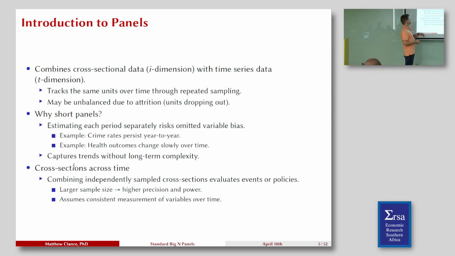Okay, so why short panels? Estimating each period separately risks omitted variable bias. A lot of the things we try to look at, we assume that in the cross section, one year is very specific to that model, and nothing else is influencing it. But as we have more cross sections coming in, we're going to find that there is some type of persistence, some types of relationships.